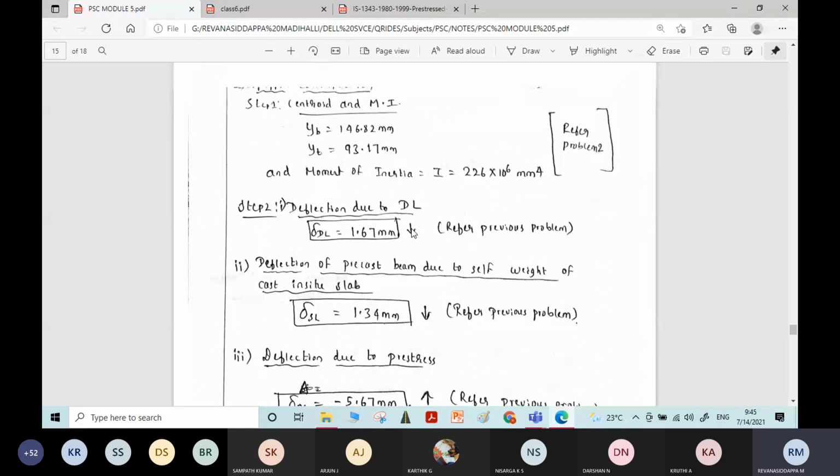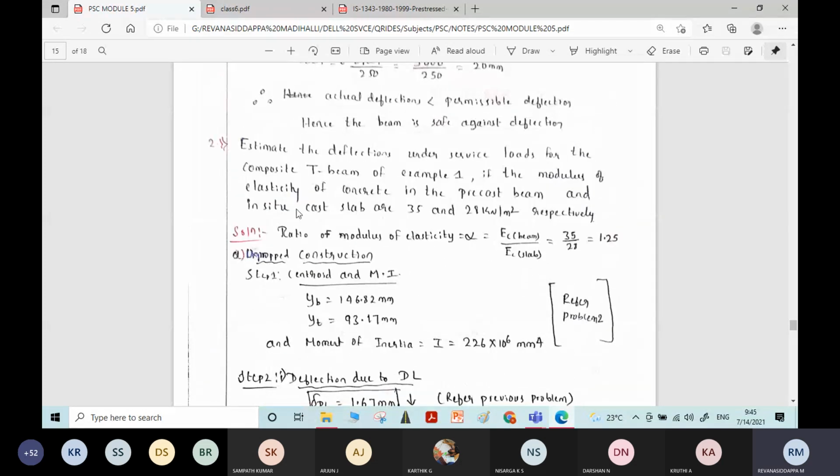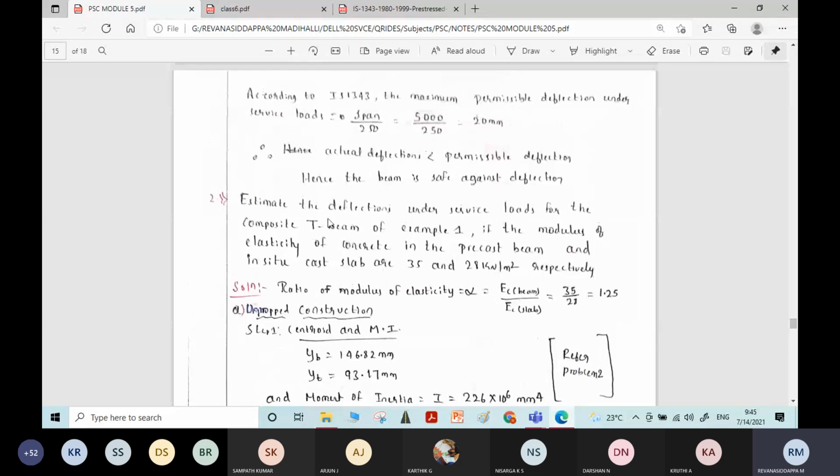See here, I will just explain the things in problem number 2. What is asked is to estimate the deflection under service loads for the composite T-beam of example 1 if the modulus of elasticity of the concrete in the precast beam and in situ cast slab are 35 and 28 kilonewton per meter square respectively.